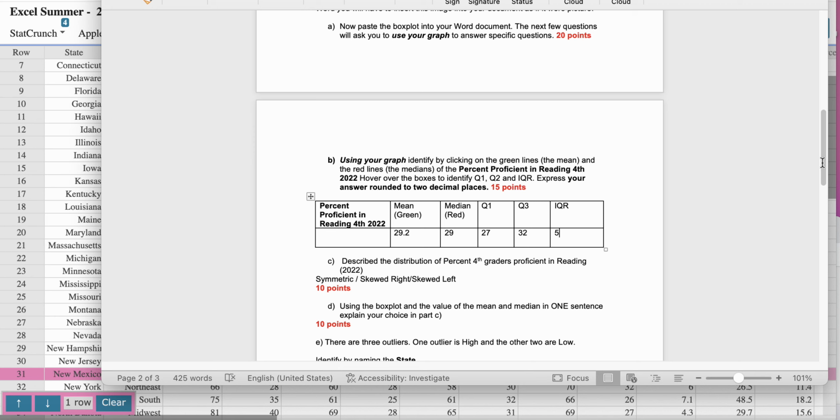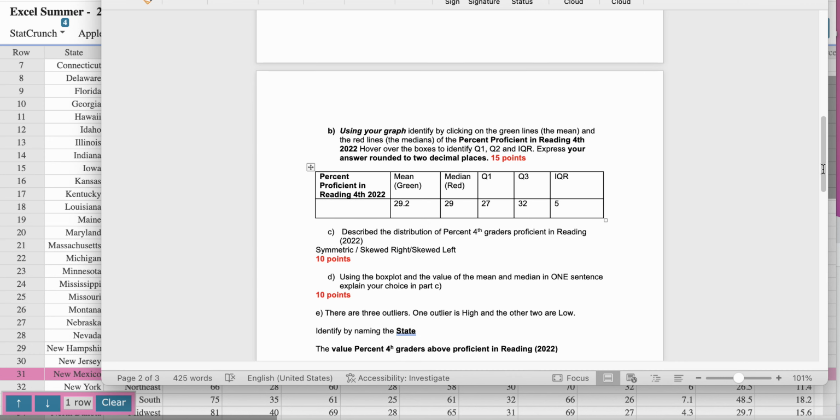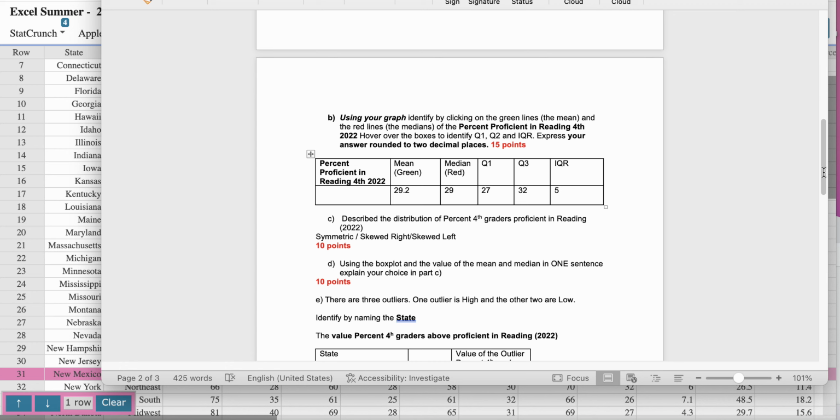And we decided that that box was approximately symmetric because the mean was approximately equal to the median, and let's see, the median seemed to be occurring in the center of the box.